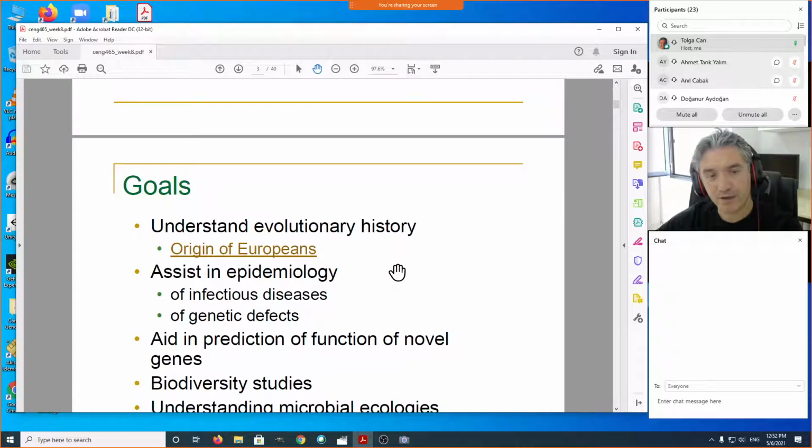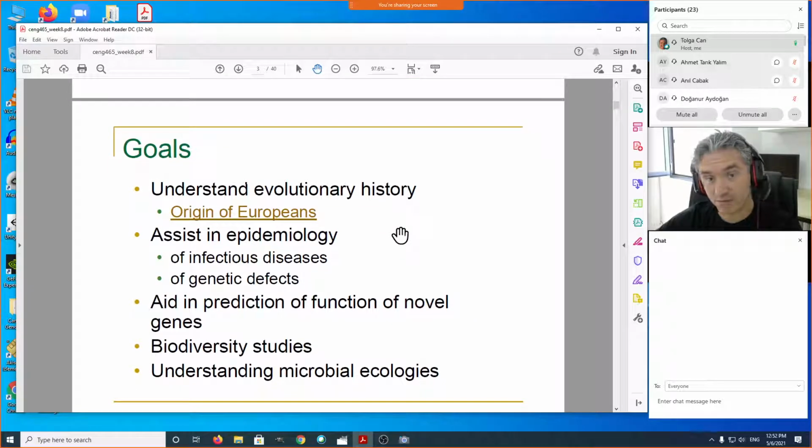The goals of phylogenetic analysis can be different things these days. We can understand the evolutionary history of human beings. We can understand, for example, the spread of a virus like COVID-19. We can look at different strains, different mutations, different variants of the virus, and based on sequence similarity, determine which one originated from which strain.